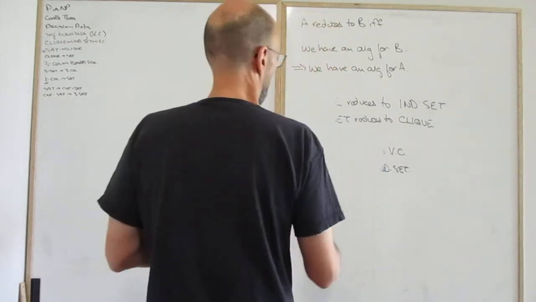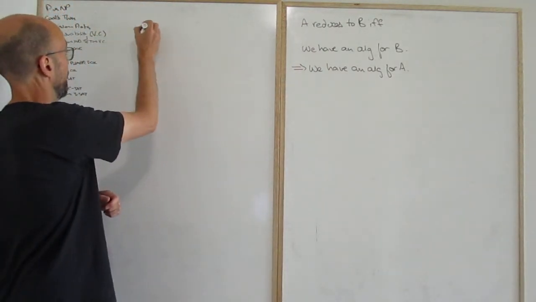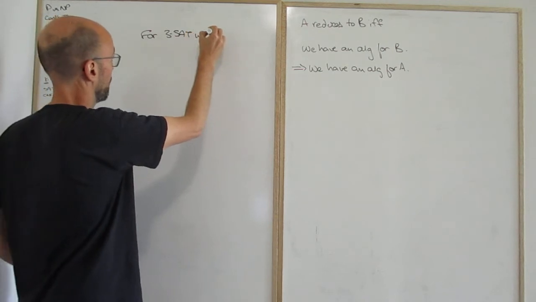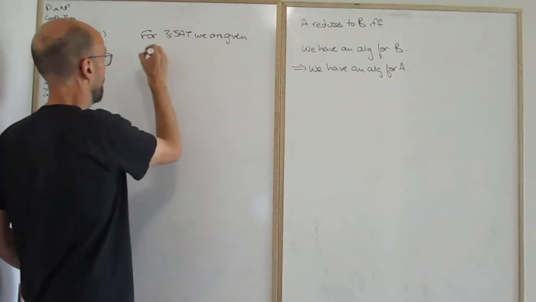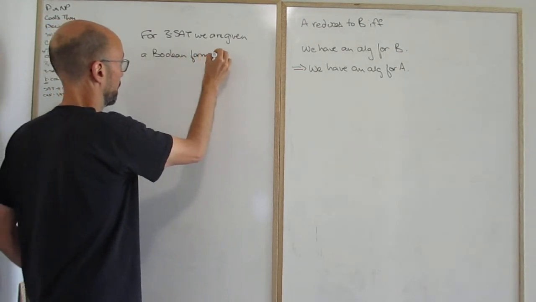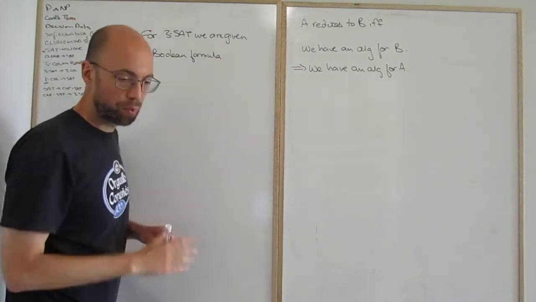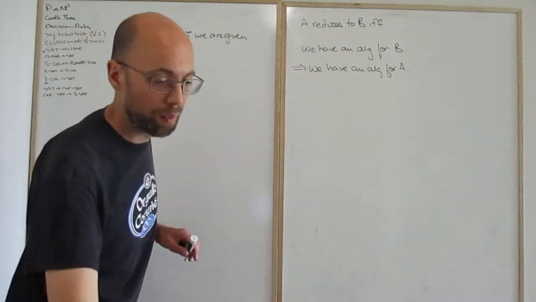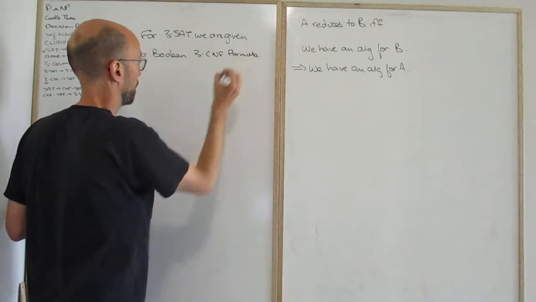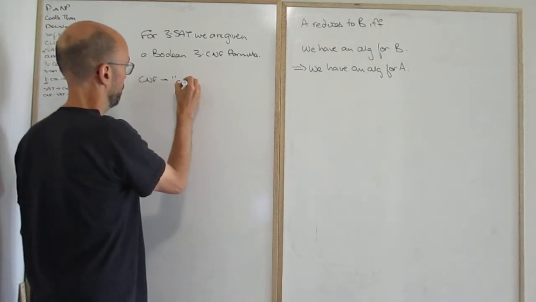We're going to see a problem called 3-SAT. For 3-SAT, we are given a Boolean 3CNF formula. CNF is conjunctive normal form.